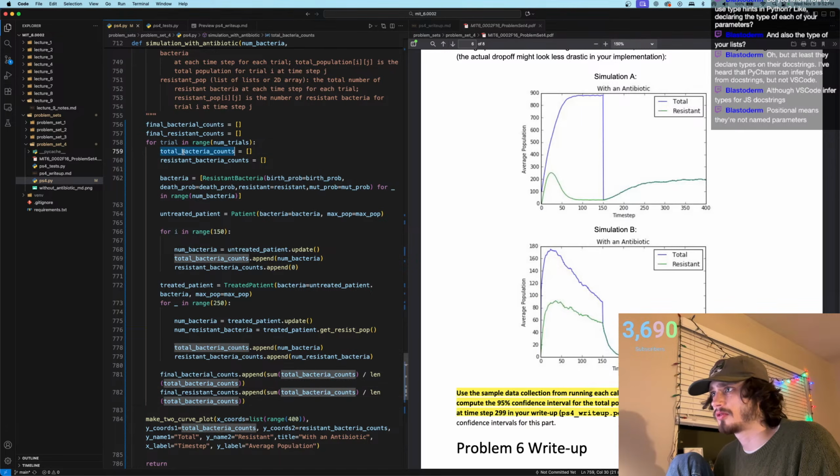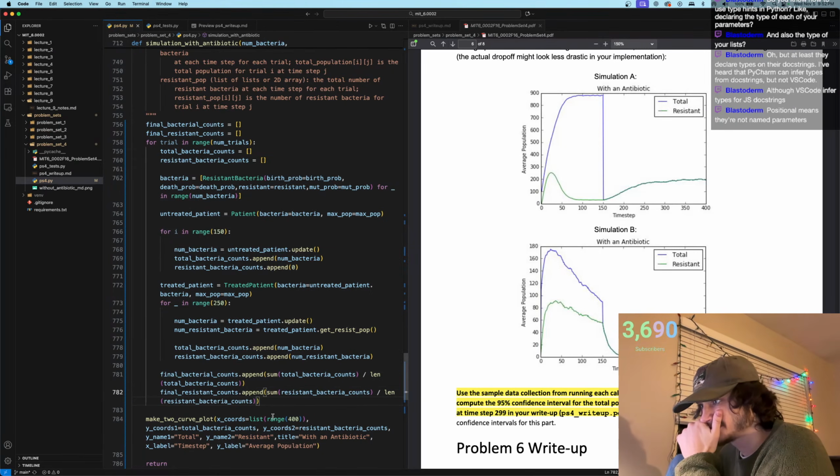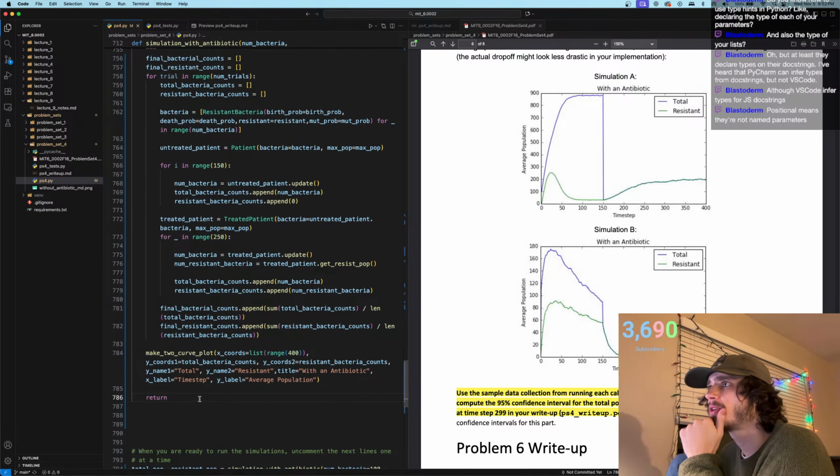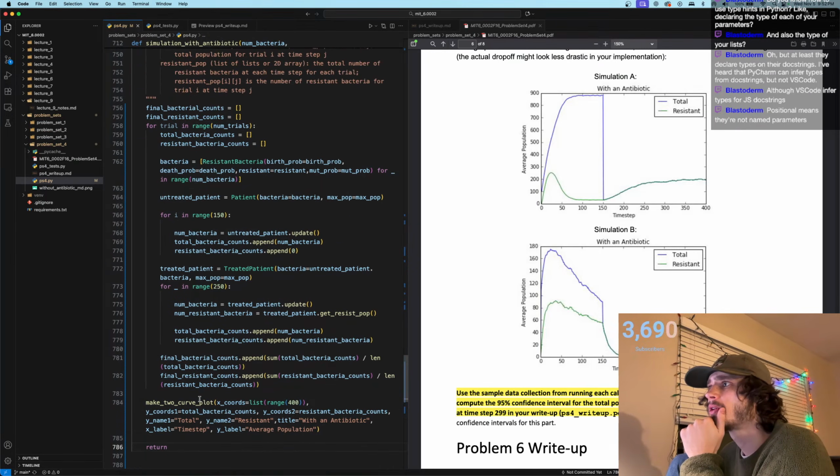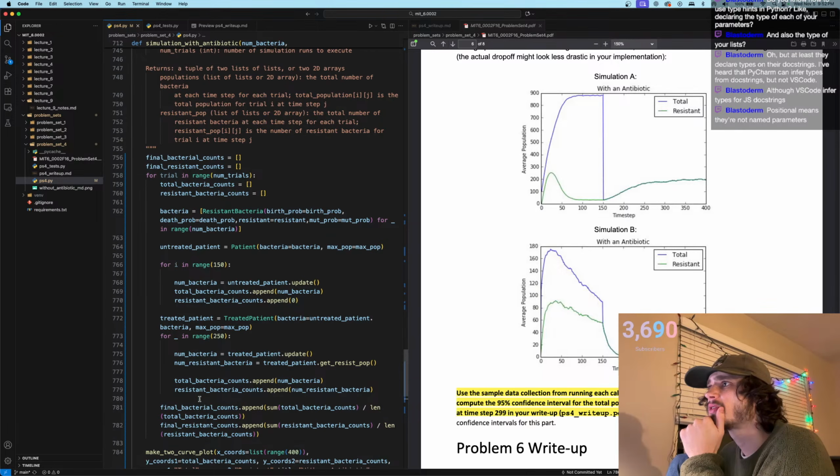This will be total resistant bacteria. So then this returns the list of lists in a tuple form, at each time step for each trial.